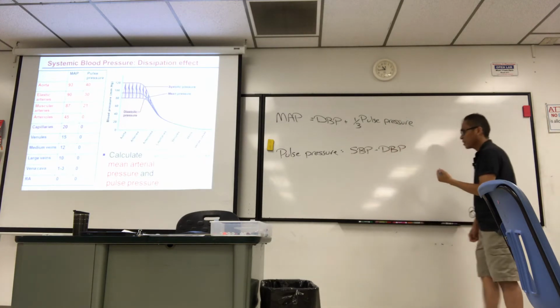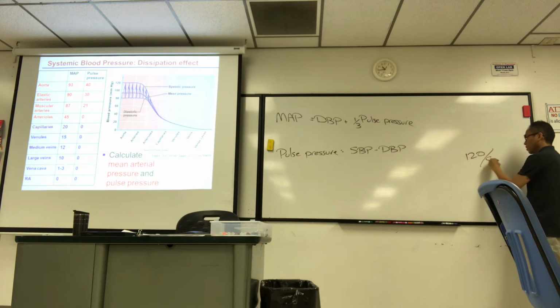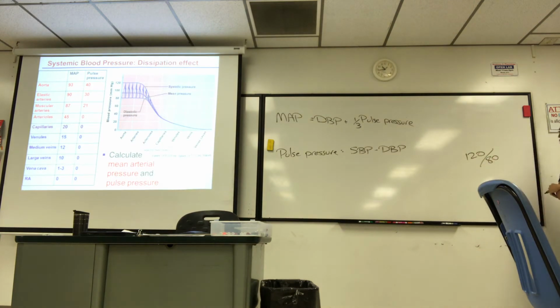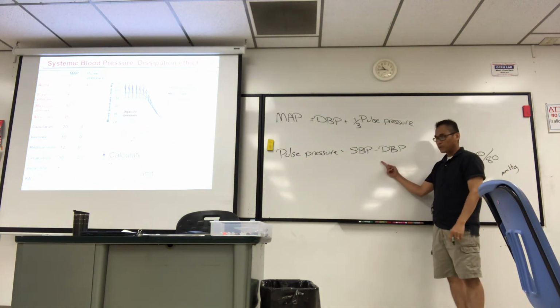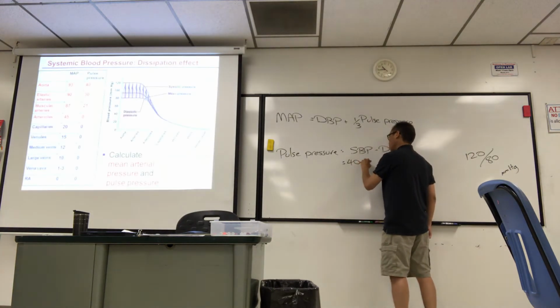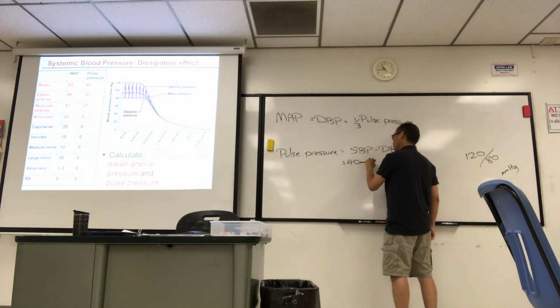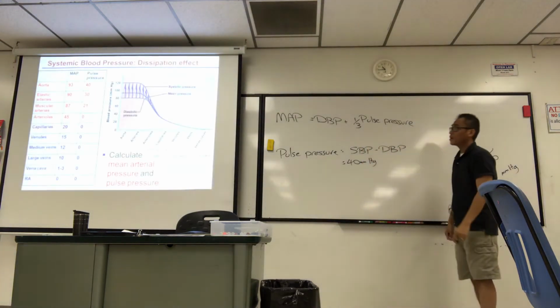To solve this, I have to give you data. Let's say, for example, you measure 120/80, our textbook standard. And it's always millimeters of mercury if I don't say. First, calculate pulse pressure. What is it? 40. And for the same 120/80, now you can solve mean arterial pressure.